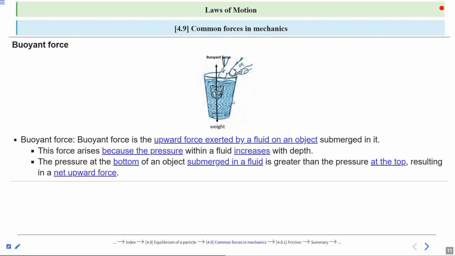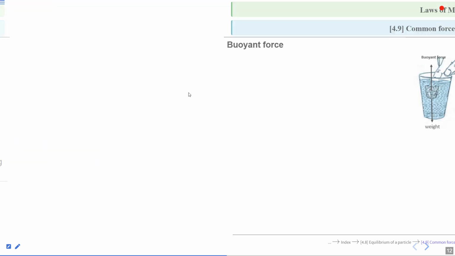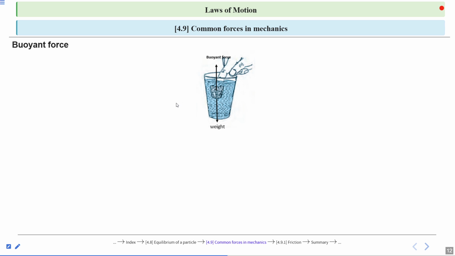The buoyant force on an object immersed in a fluid is equal to the weight of the fluid it displaces. So when we drop a block in the liquid, there is a displacement of water, or we can say displacement of fluid, and the weight of the fluid displaced is equal to the weight of the block according to Archimedes' principle.